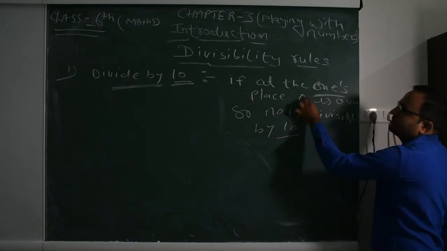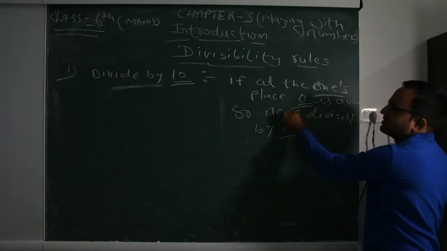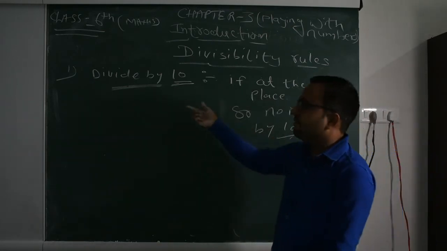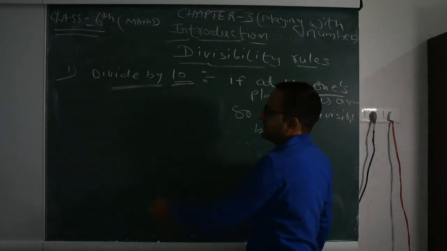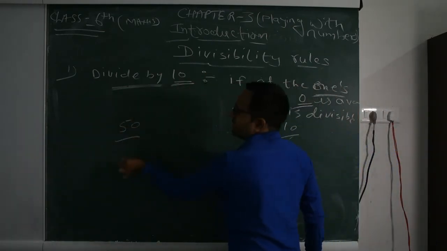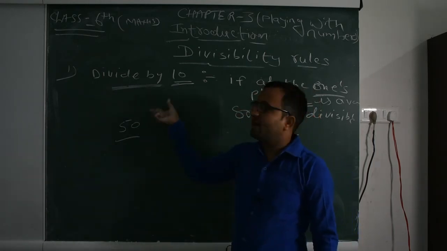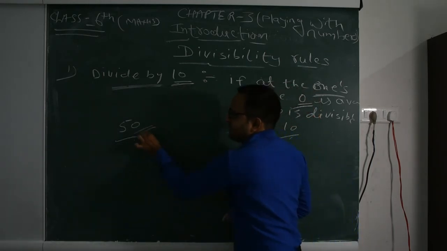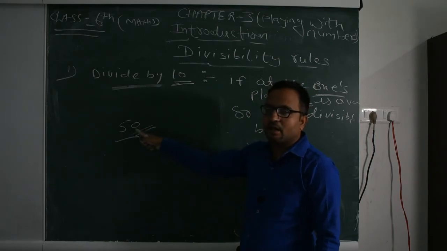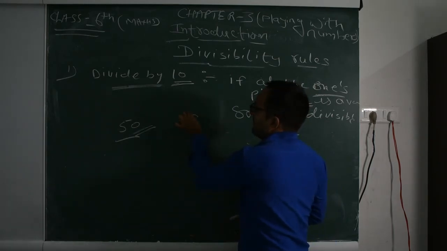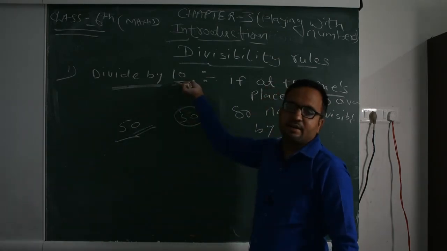At the place of ones, if 0 is available, then the number is divisible by 10. For this, is 50 divisible by 10 or not? We check at the place of ones, 0 is available, so we say 50 is divisible by 10.